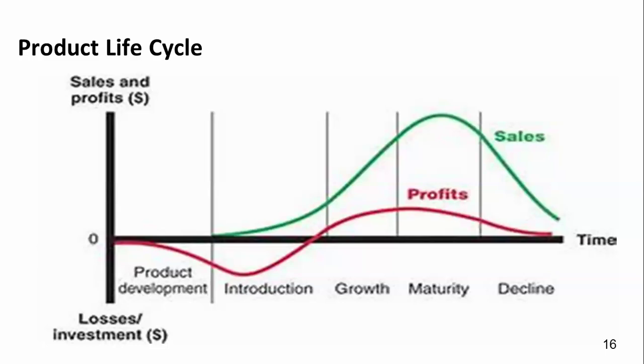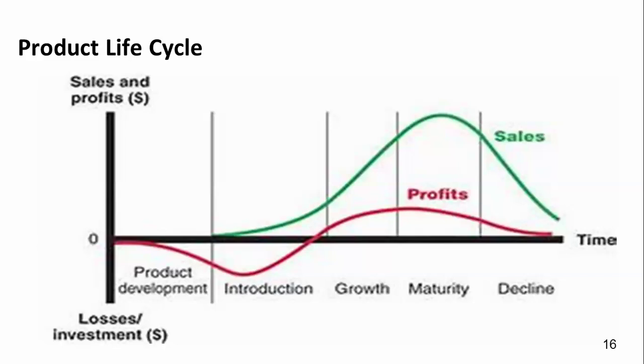This maturity stage means your sales are increasing and coming to a maximum point during the maturity stage. Sales increase and reach a maximum point. And then your sales start to decrease. What happens to your sales?